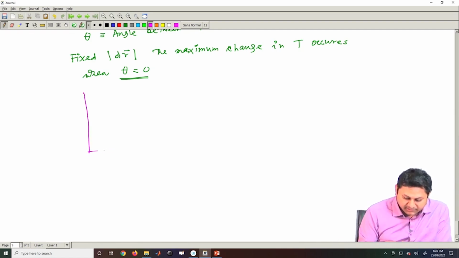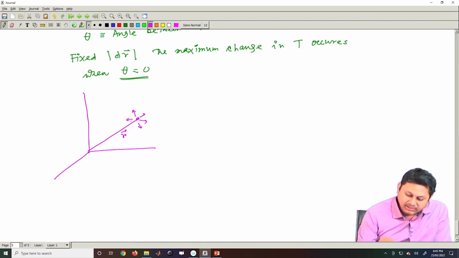This is a coordinate system and I am having a point here, this is r. Now, I can change my point in any direction I want.